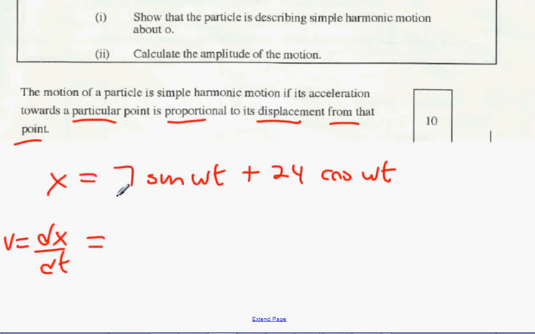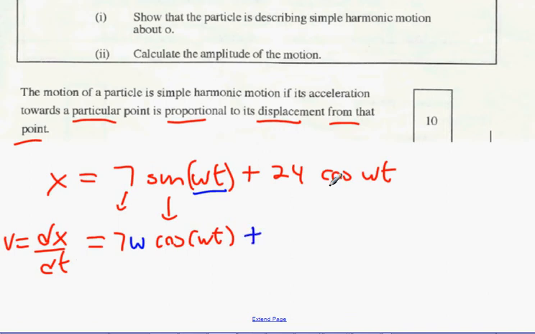So differentiate, and what we have here is sine turns directly into cos omega t, the 7 goes directly down, differentiate the angle with respect to t, and we get omega, 7 omega cos omega t.